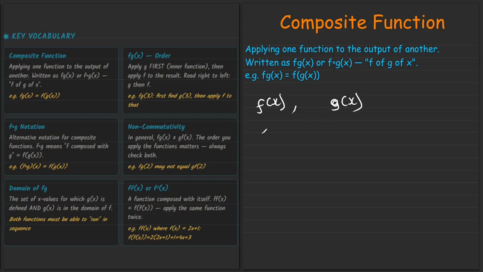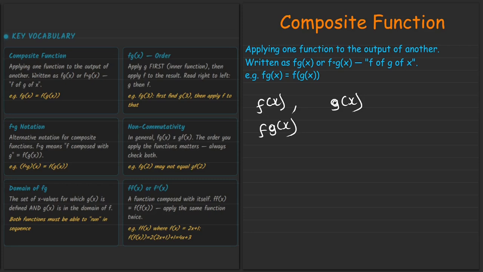Then if you have f of g of x, it simply means evaluate g of x. The answer you get for g of x, put that value as x, and then you find f of x.